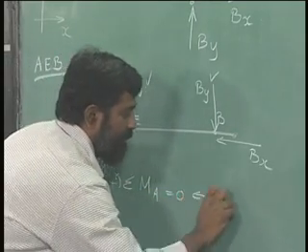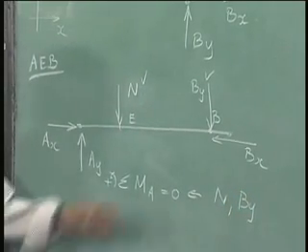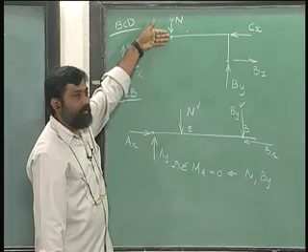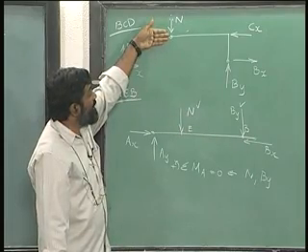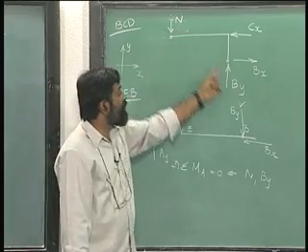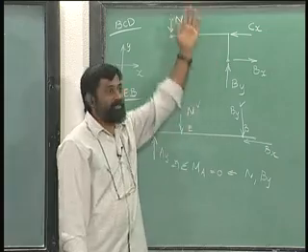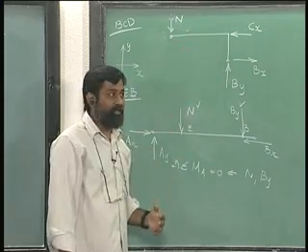This will have N and By taking part. Okay. Go to the other free body. What is the equation that gives me a relationship between N and By only? That is not very difficult. It is the vertical force equilibrium.